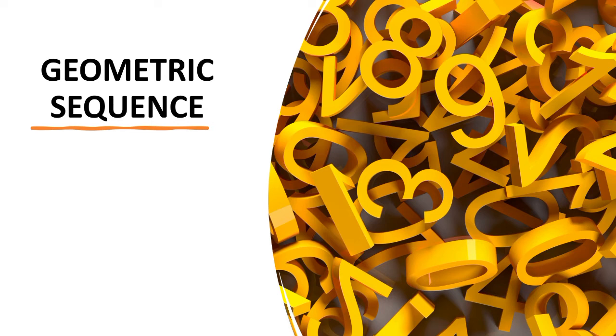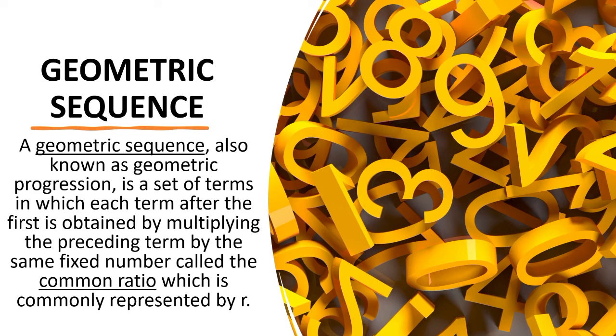Going back, let us define again what is a geometric sequence. A geometric sequence, also known as geometric progression, is a set of terms in which each term after the first is obtained by multiplying the preceding term by the same fixed number called the common ratio, which is commonly represented by r.